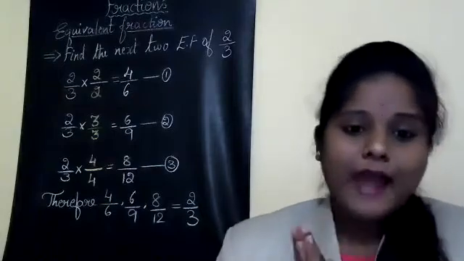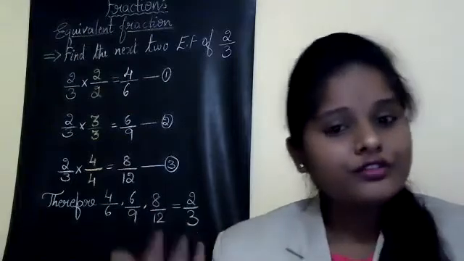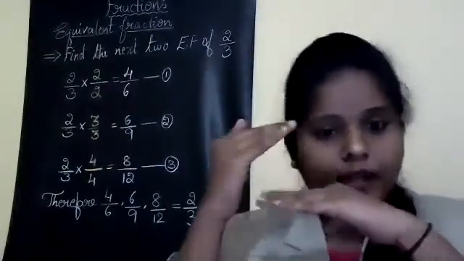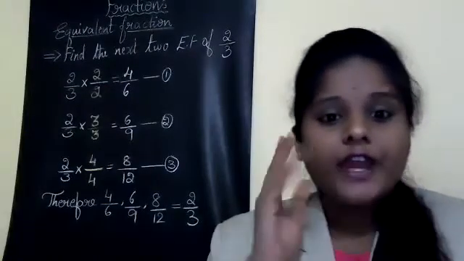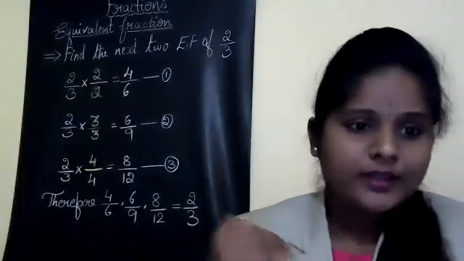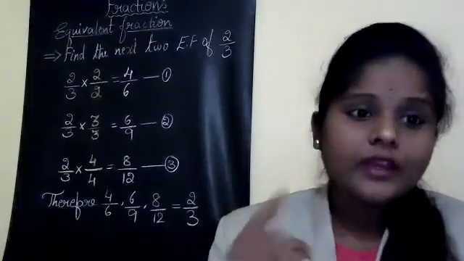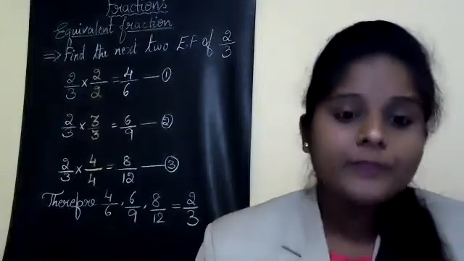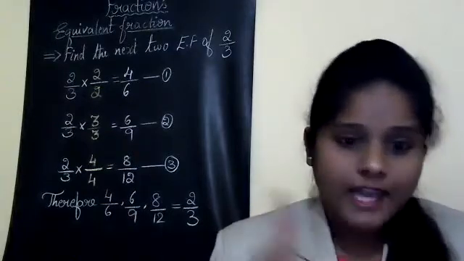So now coming back to how to find the equivalent fraction. In a fraction, that means a numerator and a denominator, when both the numerator and the denominator are multiplied by a non-zero number, we should not take 0.